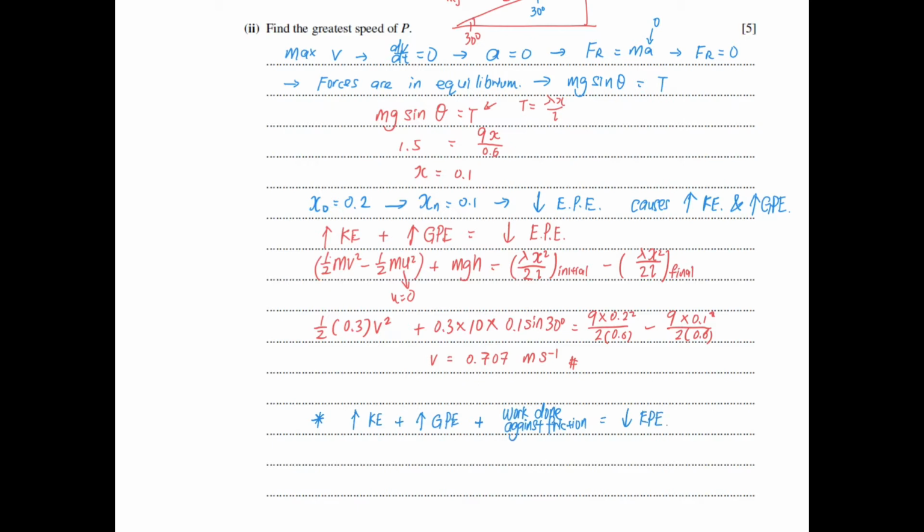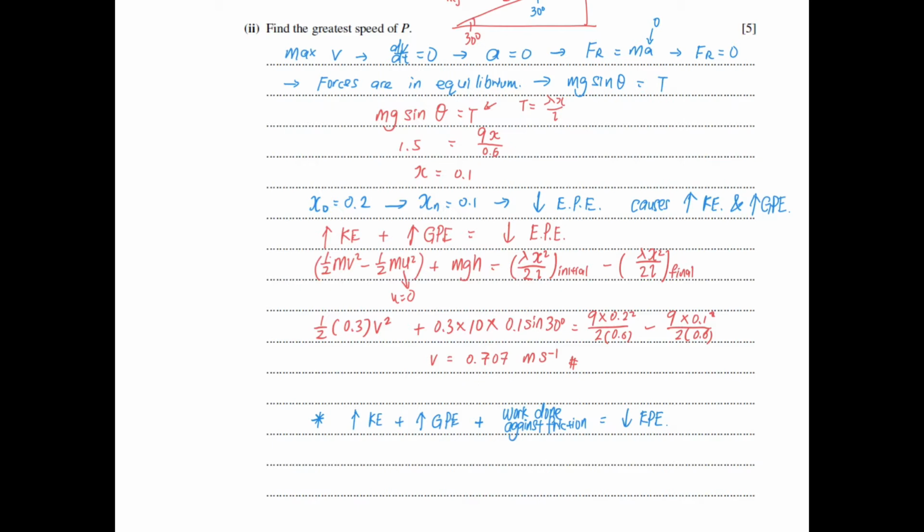is equal to the decrease of EPE. So our situation will be like this now. That means there is a decrease in EPE where the energy is converted to kinetic energy as well as GPE. But because of the friction, the increase of KE is not so much.